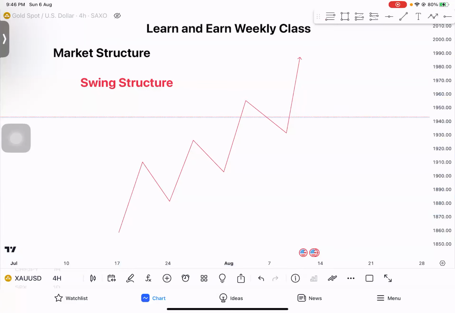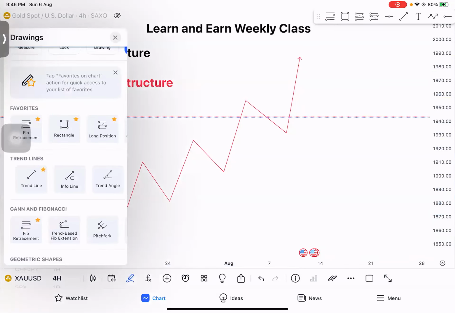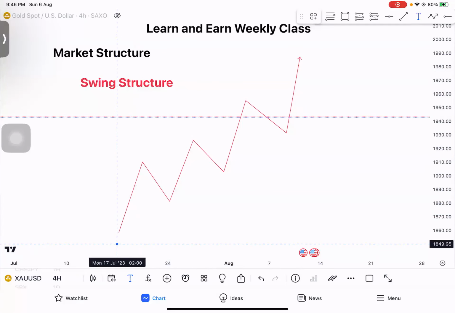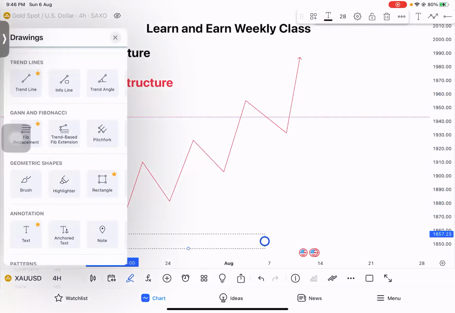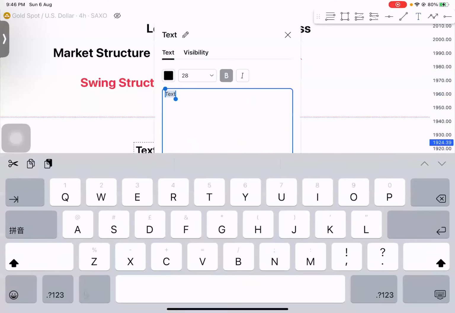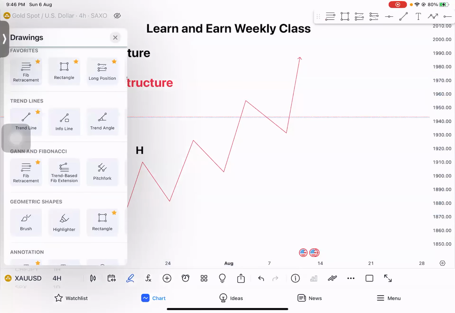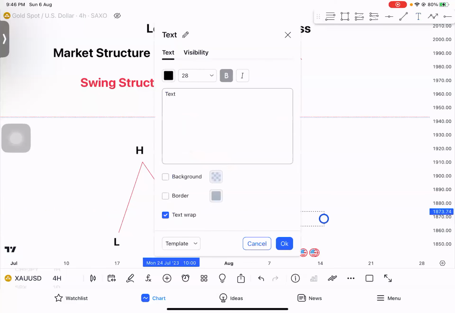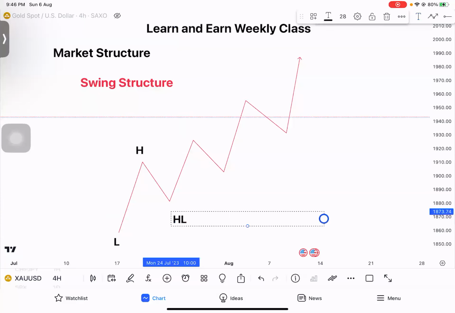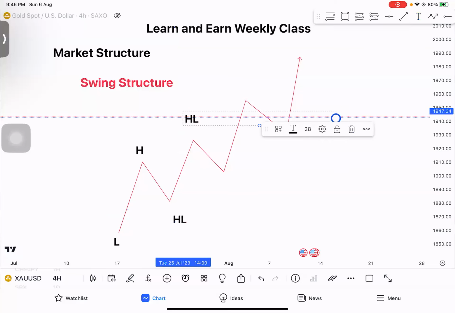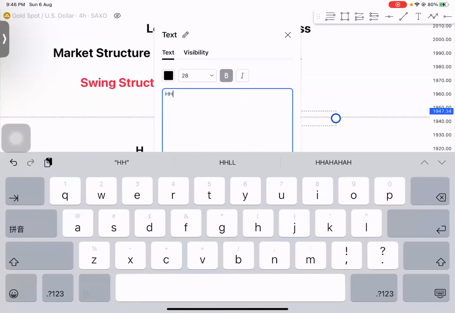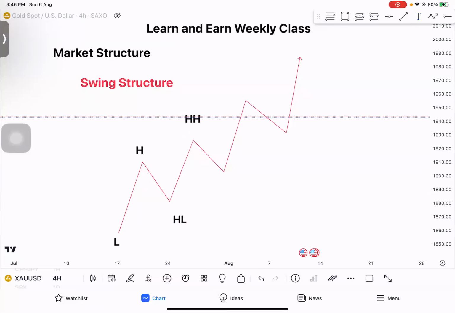What we can see right here, starting from the low point, low and higher high. This is what they call the swing structures.